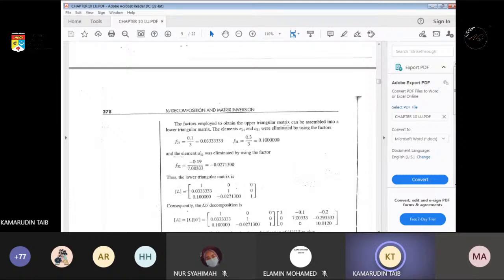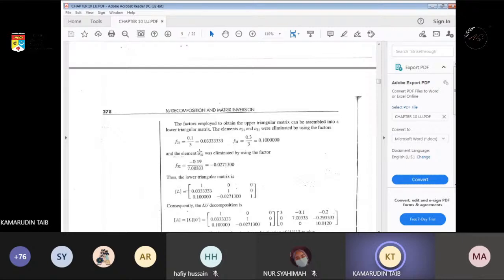So the elements A21 and A31 were eliminated by using the factors F21 equal 0.1 divided by 3 and F31 equal 0.3 divided by 3, and the element A prime 32 was eliminated by using the factor F32, which is minus 0.19 divided by 7.00333, becoming minus 0.027130.